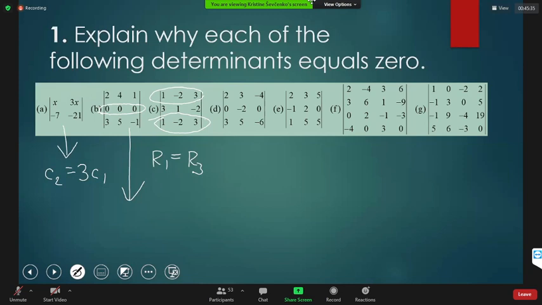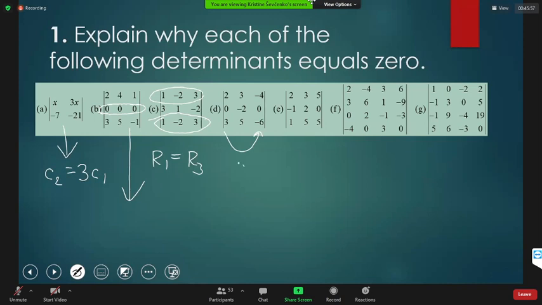In D, can you notice the problem in D? Why would this determinant be equal to 0? May I say? Yes, of course. First column and third column are proportional. You could say they are a constant multiple of each other.